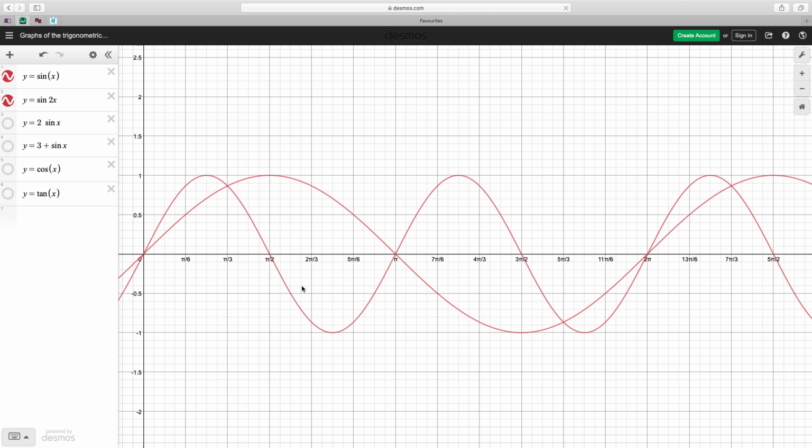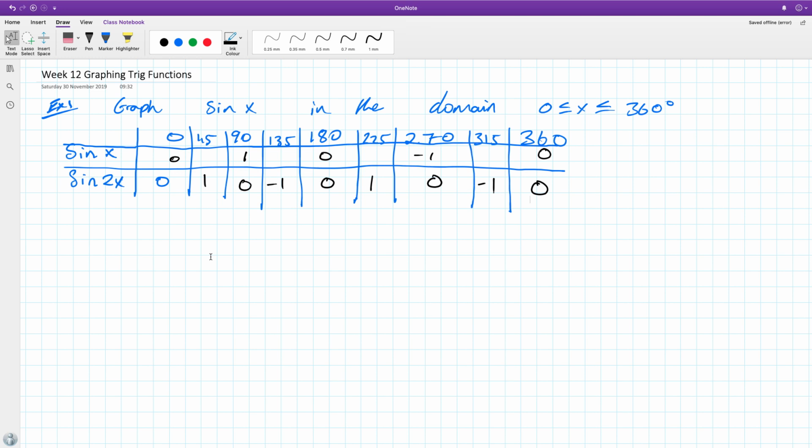Right. We're going to check what happens when you put 2 in front of sine x this time. Is that alright? So we're going to get the graph of 2 sine x. So we go back to our function and we get 2 sine x this time.